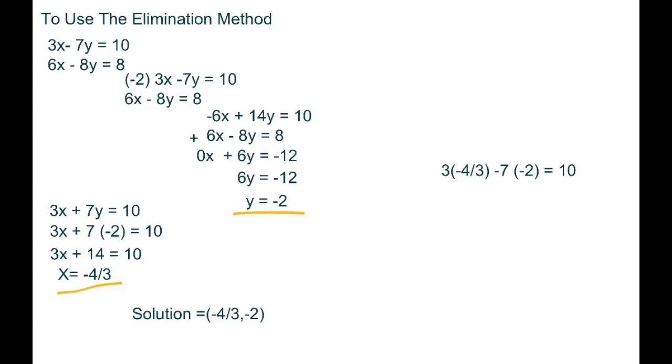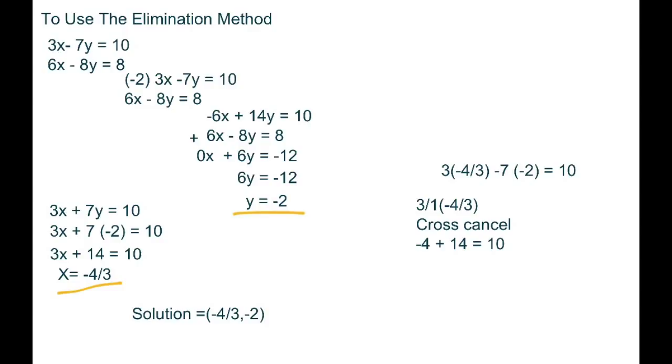So if we multiply all this, negative 7 times negative 2 is 14, like we've said before. But 3 times negative 4/3 would be negative 4, so there, I have negative 4 plus 14 equals 10.